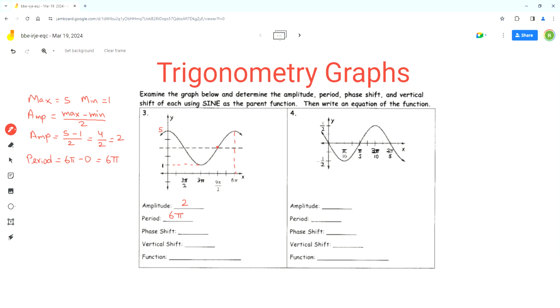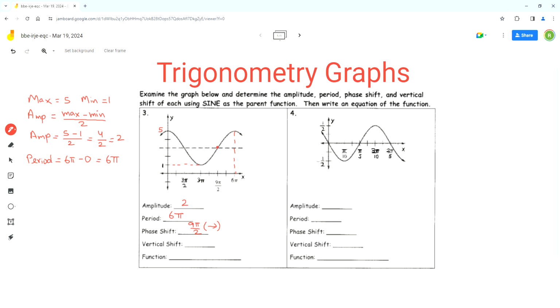But as we can see in this graph, this point has been translated 9 pi over 2 units to the right side. So that's why the phase shift for this function is 9 pi over 2 to the right side. This is a very important concept you need to understand and memorize about sine functions.